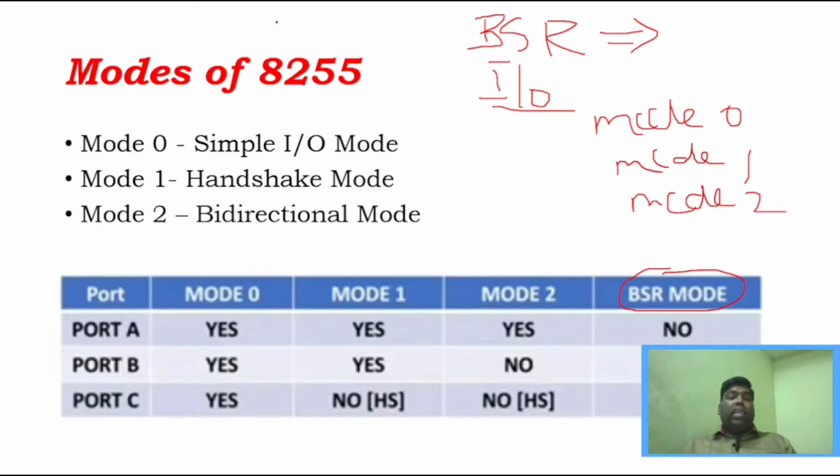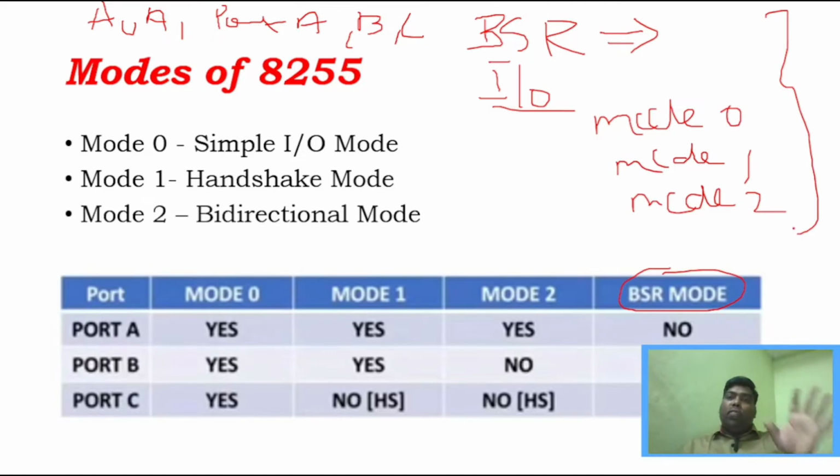We know that in 8255 we have three different ports, which are port A, port B and port C. These ports will be selected based upon A0 and A1, and these modes will be selected based upon the control word register configuration, right?